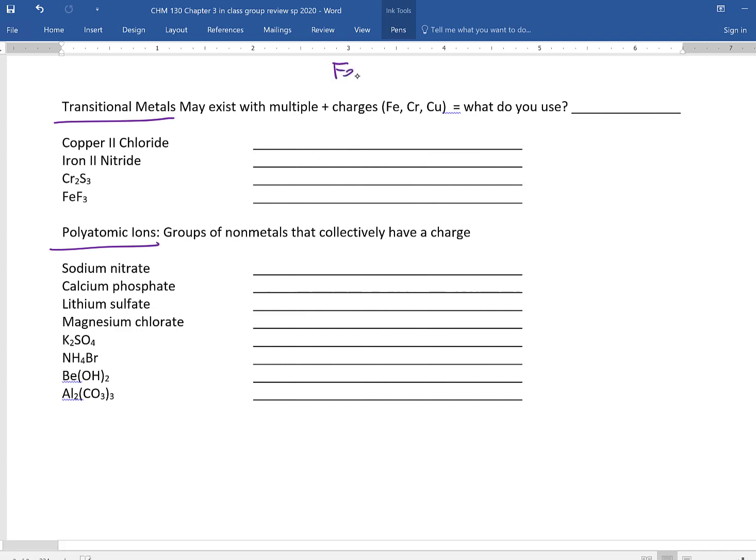Iron can exist as Fe plus 2, or iron can exist as Fe plus 3. Chromium, same thing. Chromium can exist as Cr plus 2 or Cr plus 3. Copper, the last one, can exist as a plus 1 or a plus 2. Plus 2, 2 plus, either way.